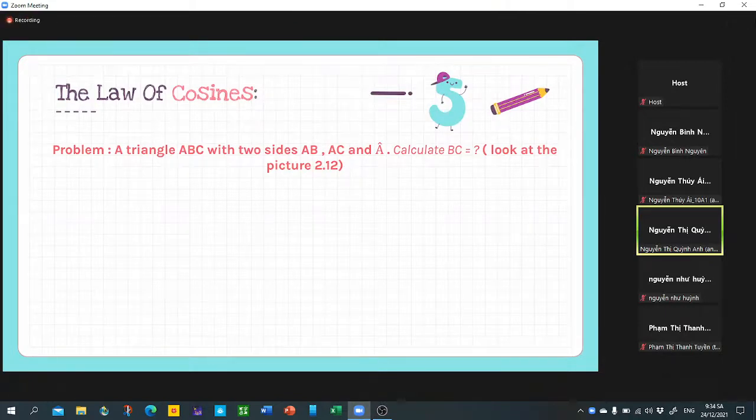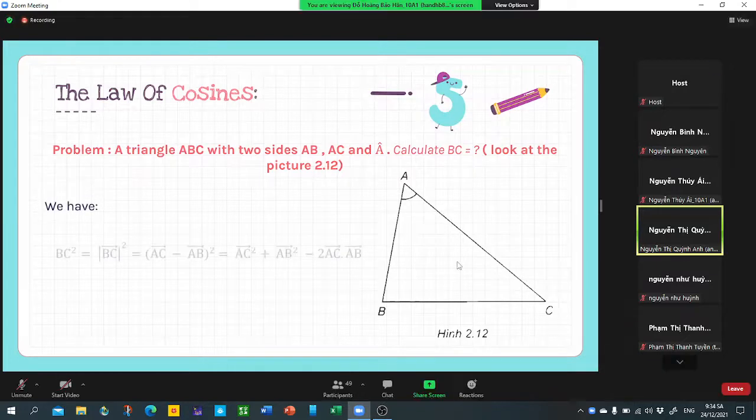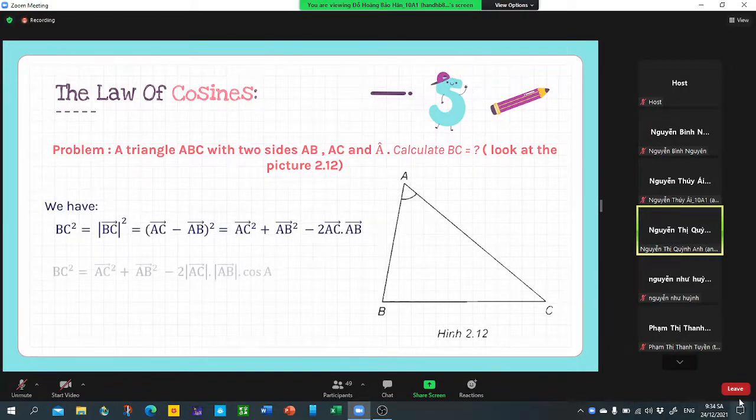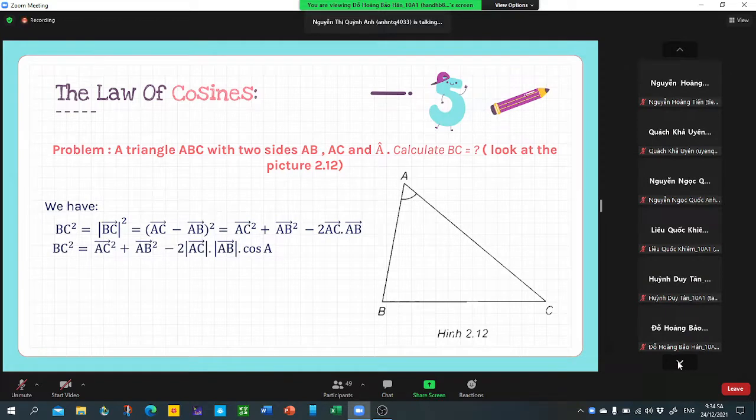We have BC squared equals the length of BC squared equals the vector AC minus the vector AB, squared, equals AC vector squared plus AB vector squared subtract 2 times AC vector dot AB vector.